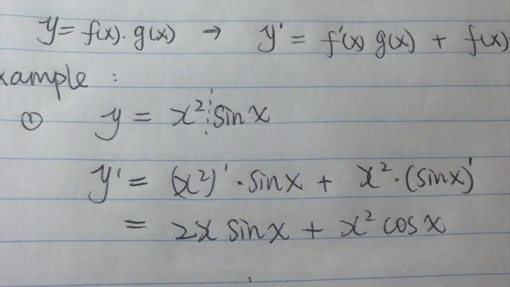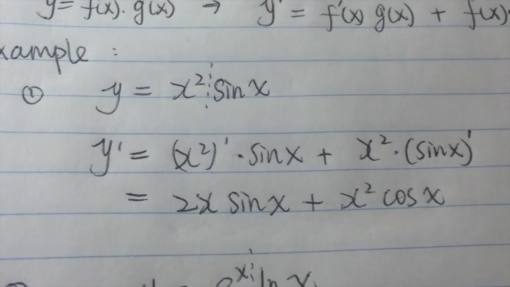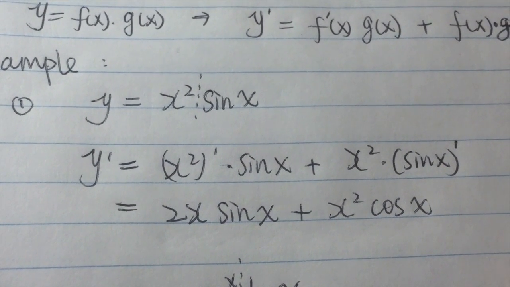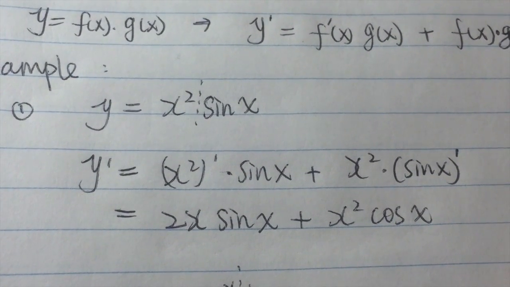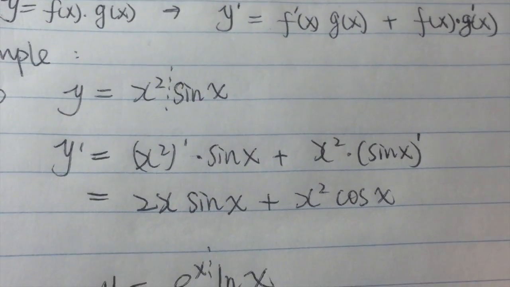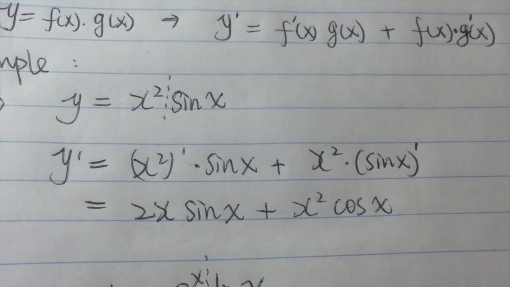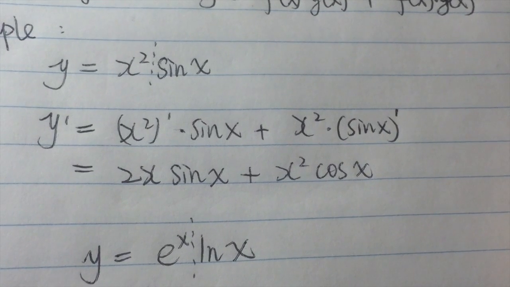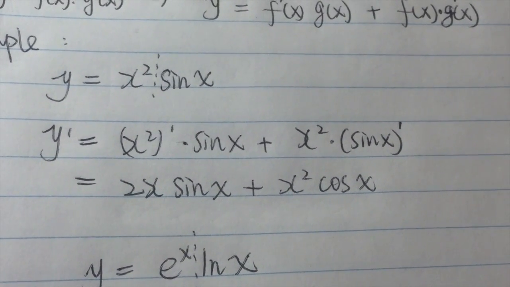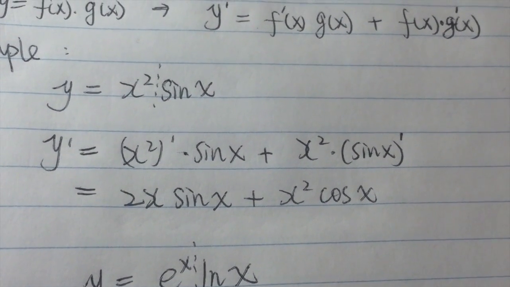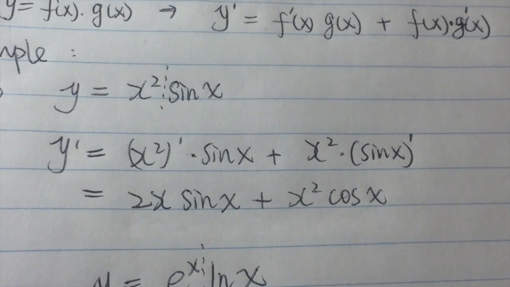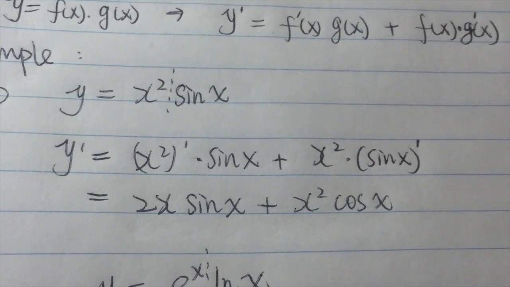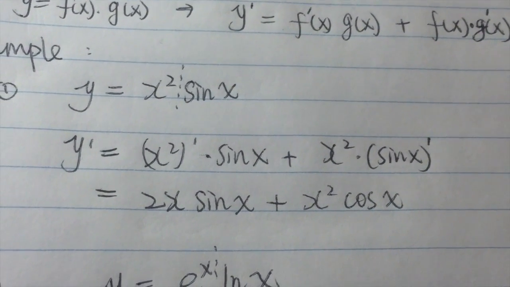According to the formula, the derivative of y would equal the derivative of x squared times sin x plus x squared times the derivative of sin x, which is 2x times sin x plus x squared times cosine x. We don't have to combine them together, so this could be the final result.